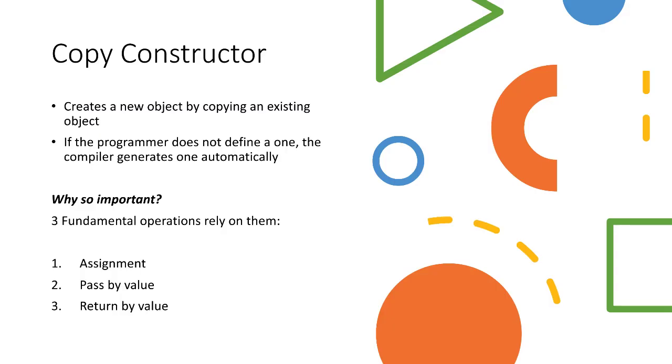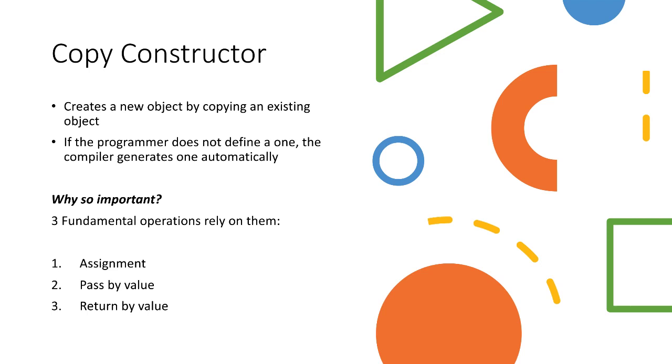Let's talk about the copy constructor. It creates a new object by copying an existing object. If the programmer does not define one, the compiler will generate one also. This is one that the compiler generates because of 3 fundamental operations that the compiler relies on for it.